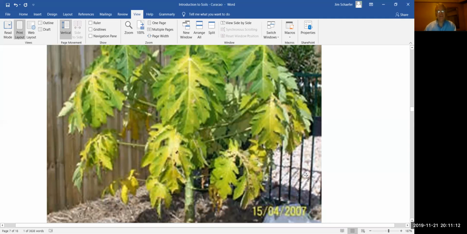Identifying deficiencies in your plants is an art that you should learn as farm managers, especially with vegetables, especially with fruits. Understanding your plants, how they grow, and being able to detect deficiencies of this nature is an important art that you want to develop.